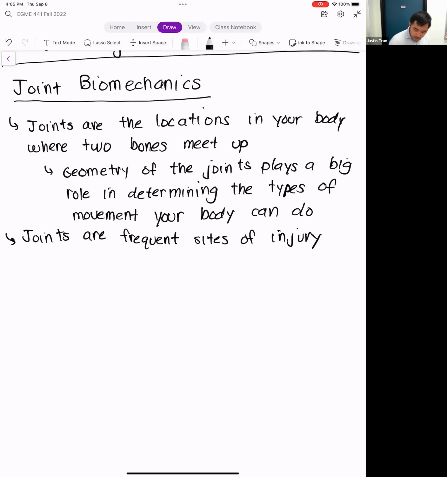Another idea we're going to go over today is stability at the joints and flexibility at the joints. These are basic characteristics of the joint that determine how likely it is for those joints to be injured.